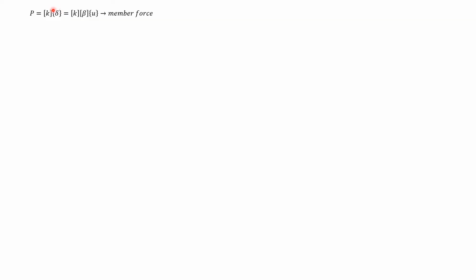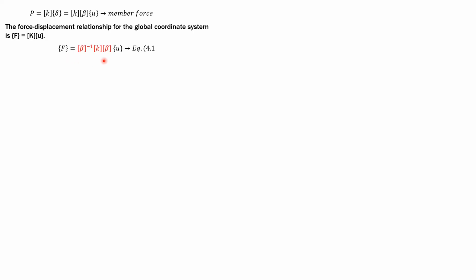Since the local displacements are related to the global displacements in the form beta times the global displacements, the force-displacement relationship for the global coordinate system is F in this form, capital K for the global stiffness matrix times the global displacement, which is beta inverse times K times beta times u. So F is equal to capital K times u.